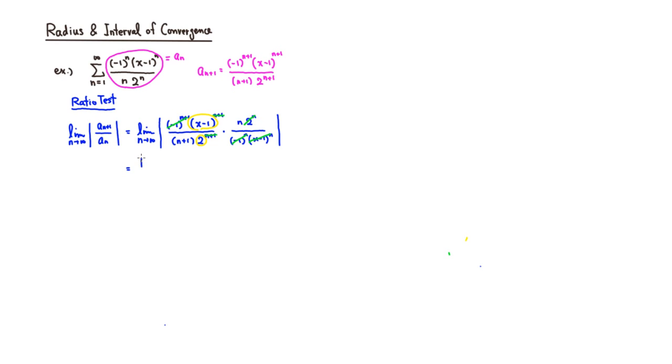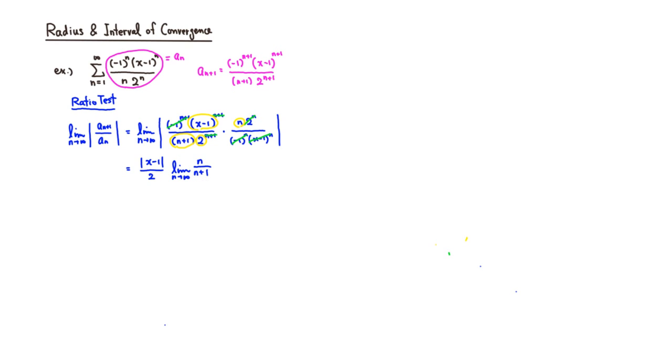We have the absolute value of x minus 1, over 2, then the limit as n approaches infinity. We have n plus 1 on the bottom, and we still have n on top, so we just need n over n plus 1. We don't really need the absolute value here because nothing is negative there.